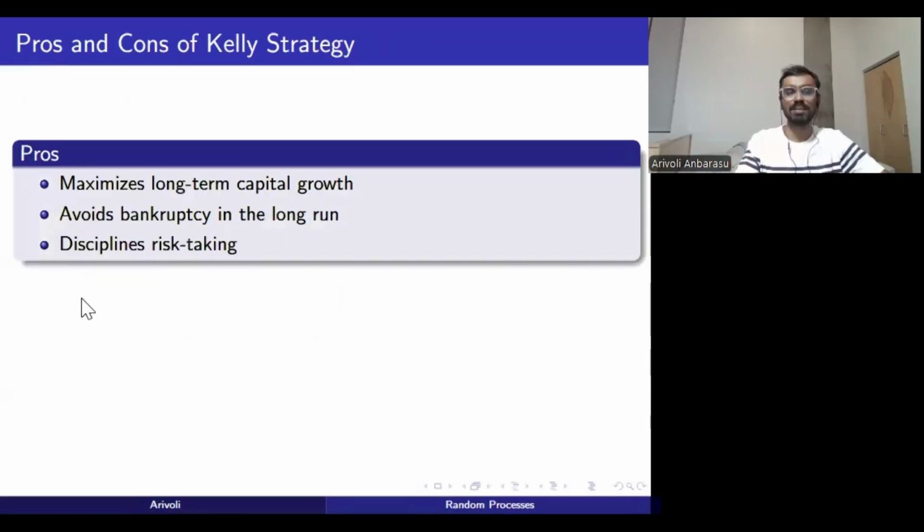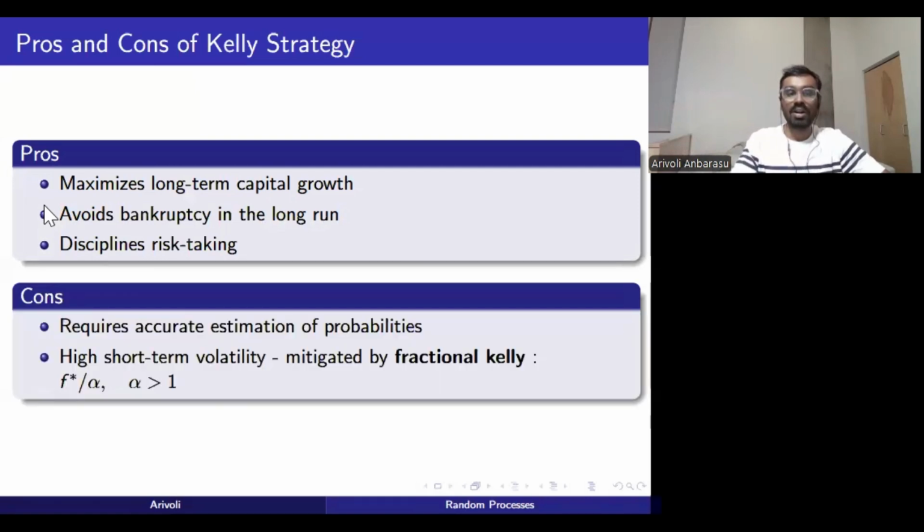The Kelly strategy is powerful, but it has its own pros and cons. The pros are that it can maximize the long-term capital growth and it can avoid bankruptcy in the long run. And finally, it cultivates discipline in risk taking. The con is that we need an accurate estimate of probability.